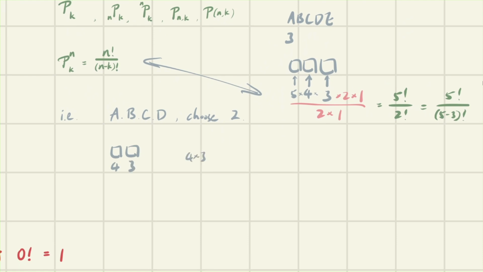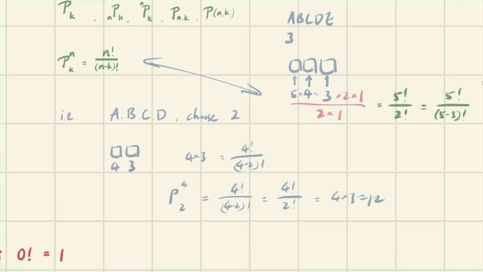You can also write it as 4 factorial over 4 minus 2 factorial. So it's P(4, 2), basically. And then just plug in the formula. 4 factorial over 4 minus 2 factorial equals 4 factorial over 2 factorial, which is 4 times 3 equals 12.